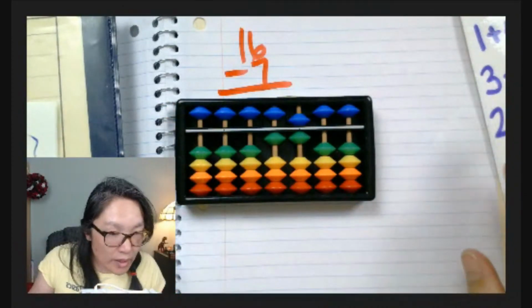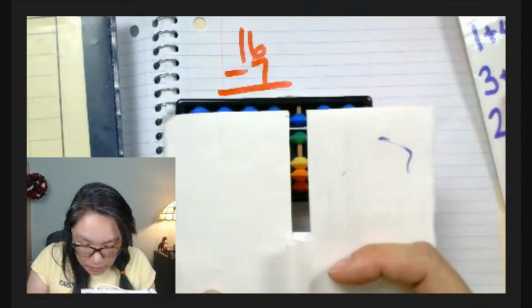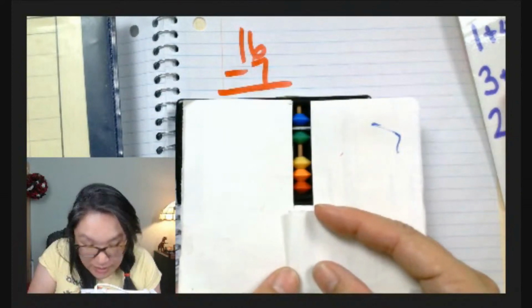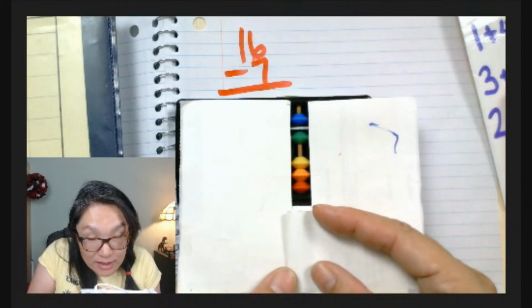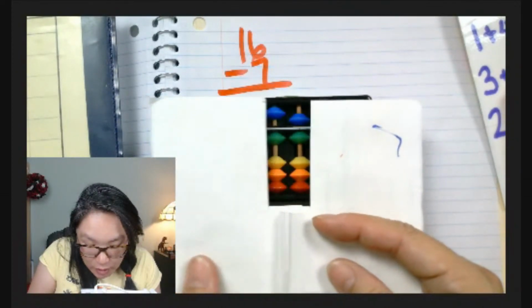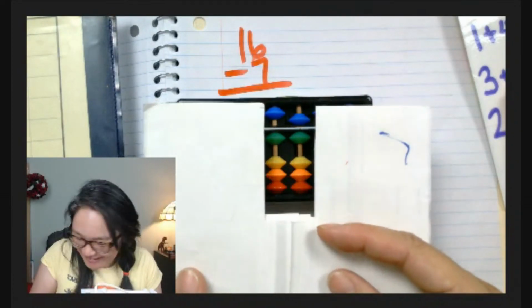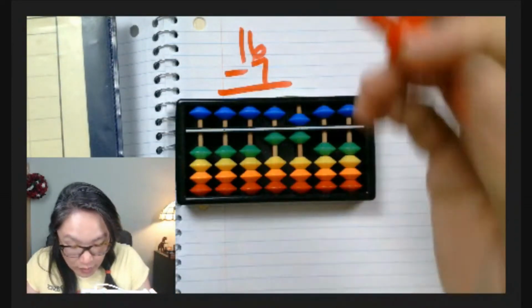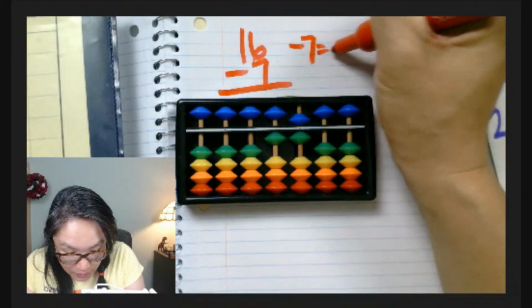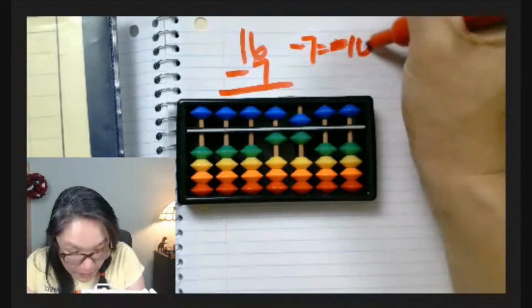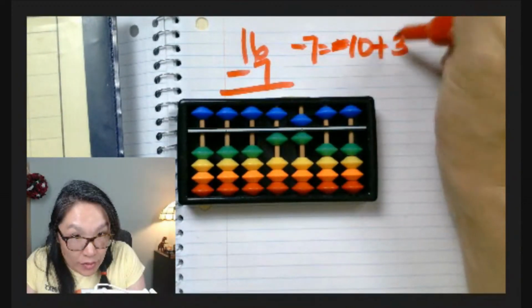So this is where CV came in. I don't know if CV is still here, but what we're going to do is take away the 7. When we take away the 7, we don't have enough. What do we do? We got to look to our neighbor and borrow some sugar. So what are we going to do? Minus the 7 equals minus the 10 plus the 3.